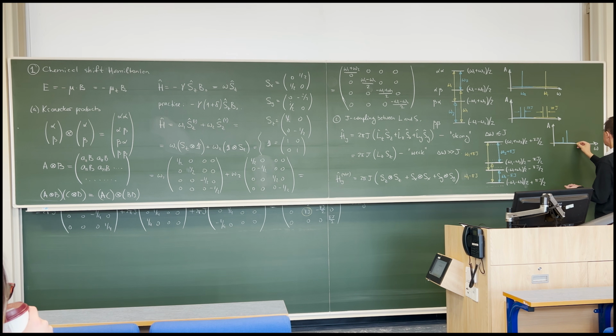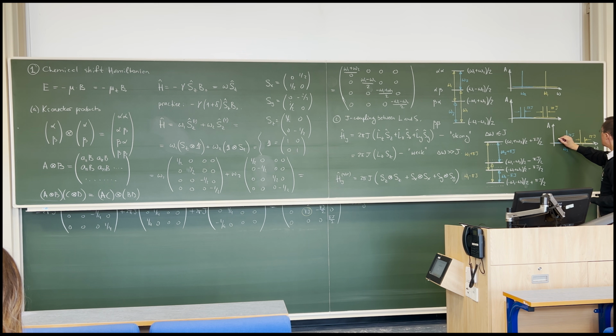And then the yellow transition here and here. And that is still omega 1, and that is still omega 2. And these are still 2 pi j and 2 pi j. But the intensity of the outside lines is smaller.